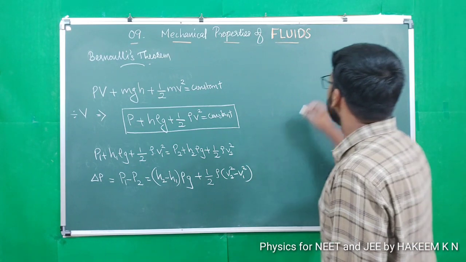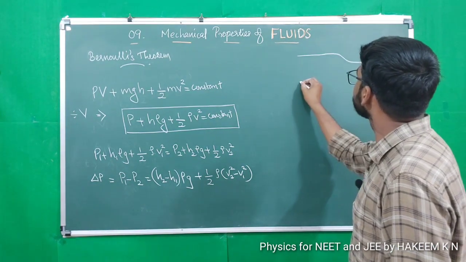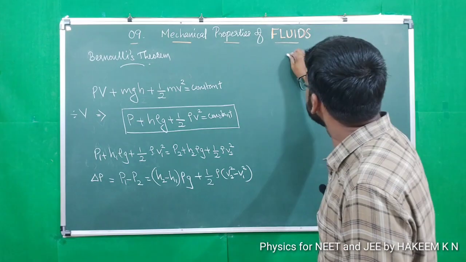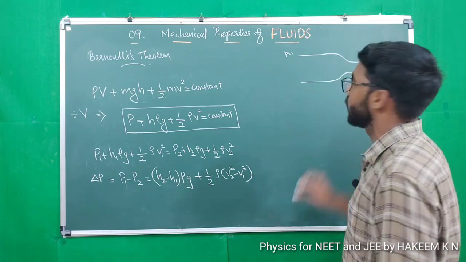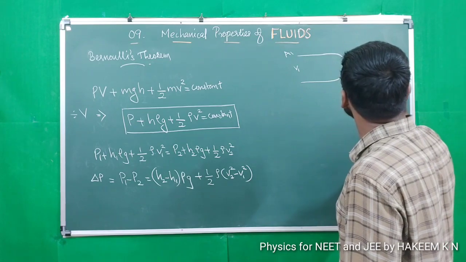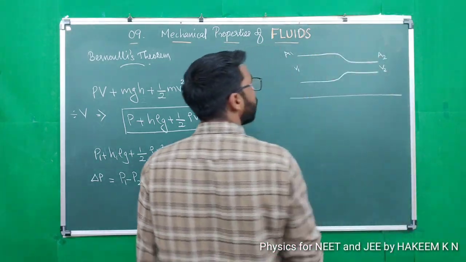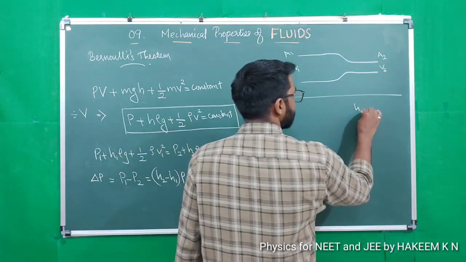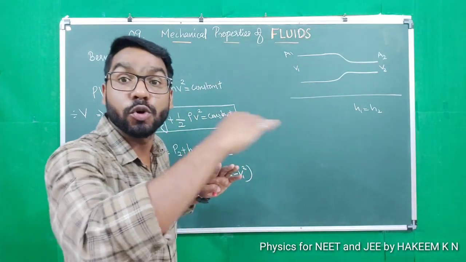Now, if the pipe is horizontal, here the area of cross section is A1, here the area of cross section is A2. Here the liquid velocity is V1, here the liquid velocity is V2. The heights from the ground are the same, so h1 should be equal to h2 if the pipe is horizontal.